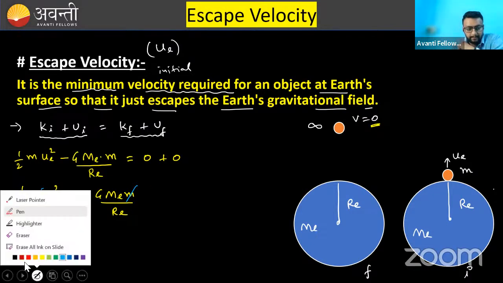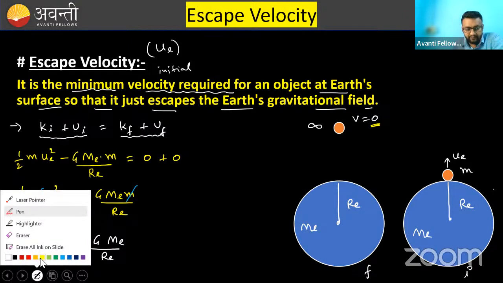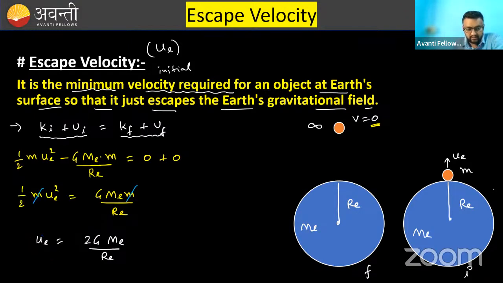So ue will be, if I transfer 2 here, root of 2 G Me divided by Re. This is our escape velocity for Earth.